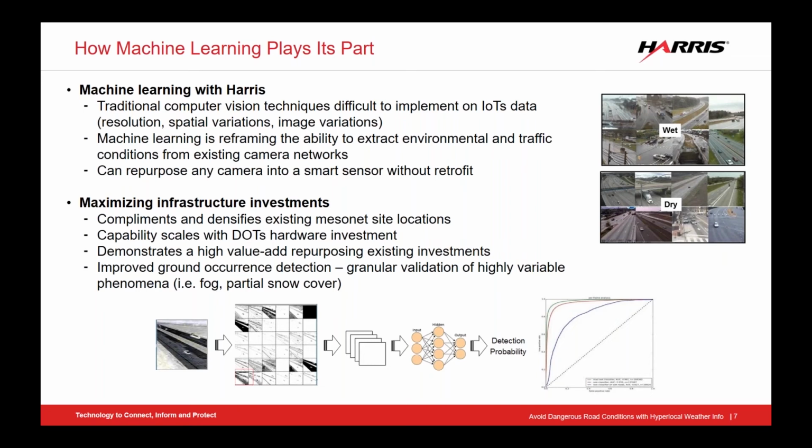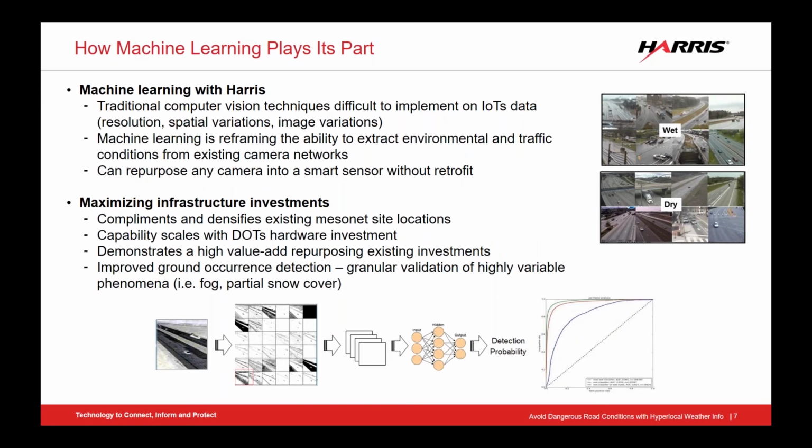And I think the big hitter is that we can basically repurpose any camera from a dumb camera, maybe a camera looking at traffic or surveillance, and we can convert or retrofit that into a smart sensor without ever touching the hardware of the system.